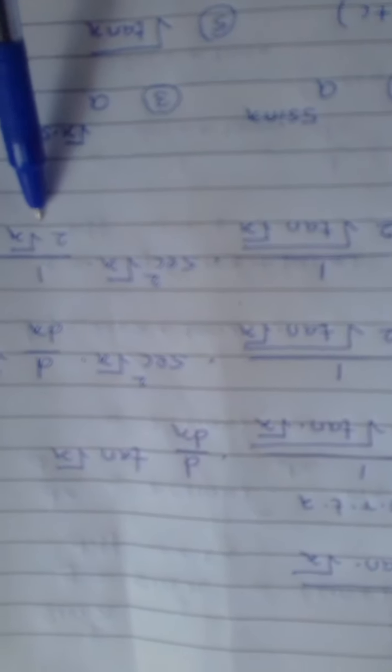Therefore this equals 1 upon 2 root tan of root x into the derivative of tan of root x, which is sec square root x into d by dx of root x. Therefore this equals 1 upon 2 root tan of root x into sec square root x into the derivative of root x, which is 1 upon 2 root x.